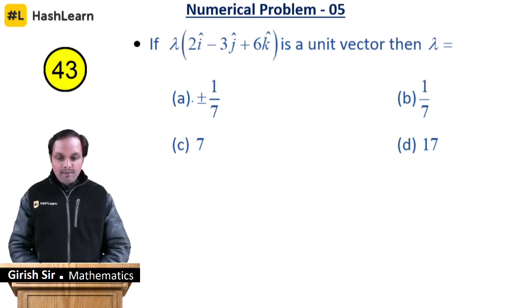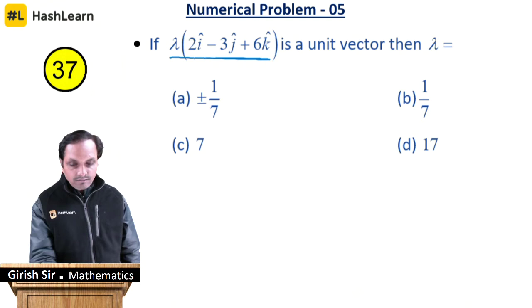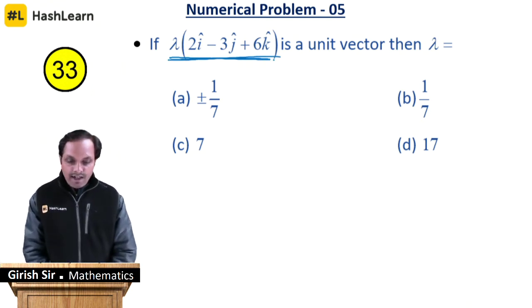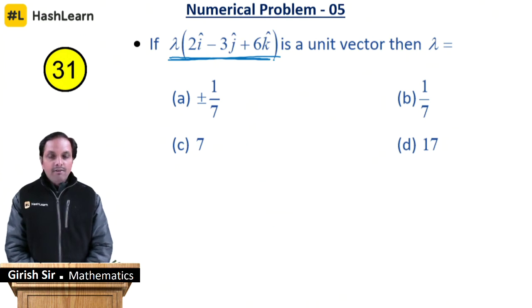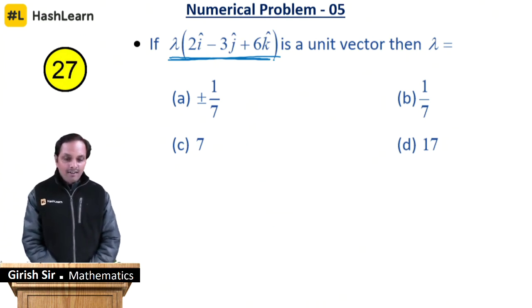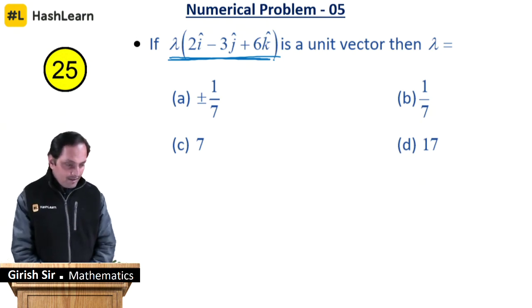So, a very simple problem. You need to find the unit vector. You need to find lambda such that the given vector is a unit vector, that is, its magnitude is 1.